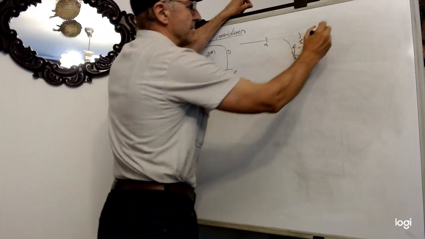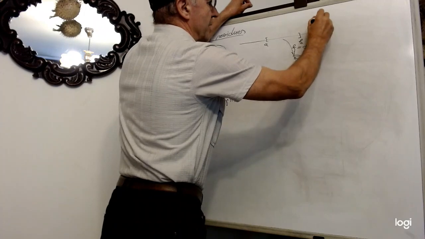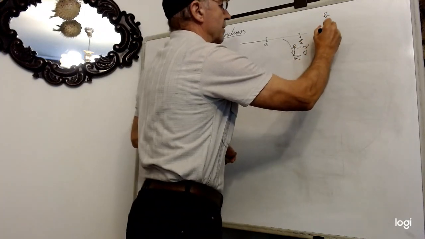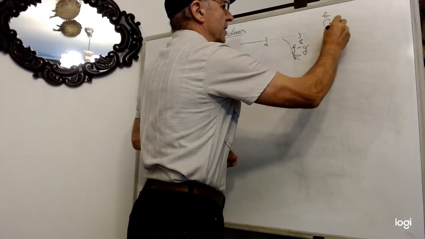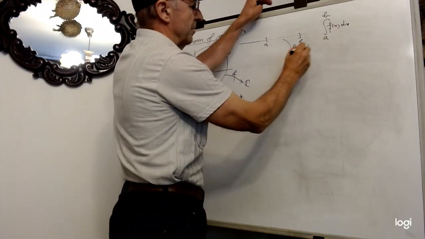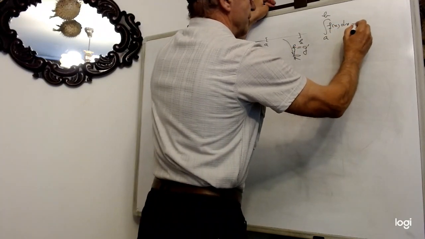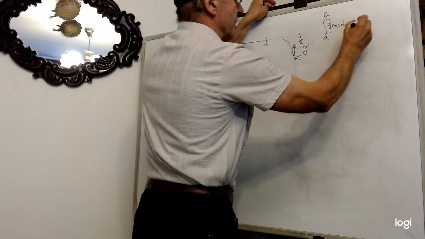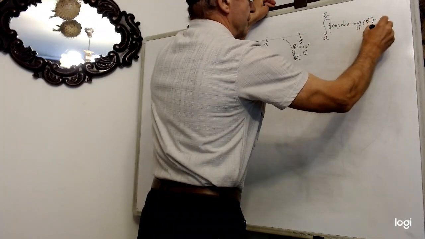Then in this case the integral from a up to b of f of x dx is g of b minus g of a.